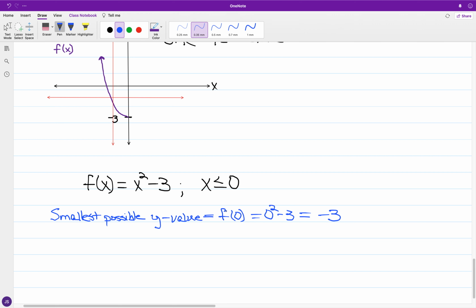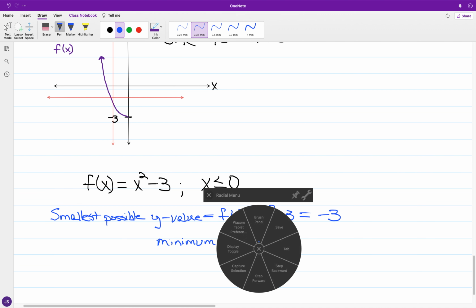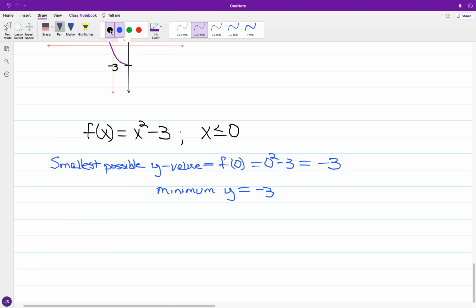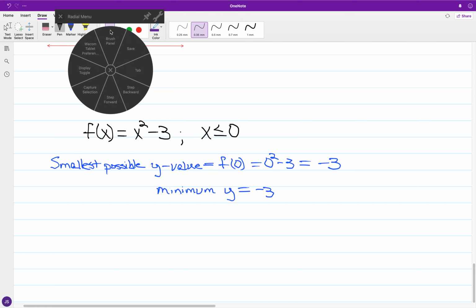Taking what we have here, the minimum y is equal to negative 3. Notice we have x is less than or equal to 0, and the minimum y we have equal to negative 3.